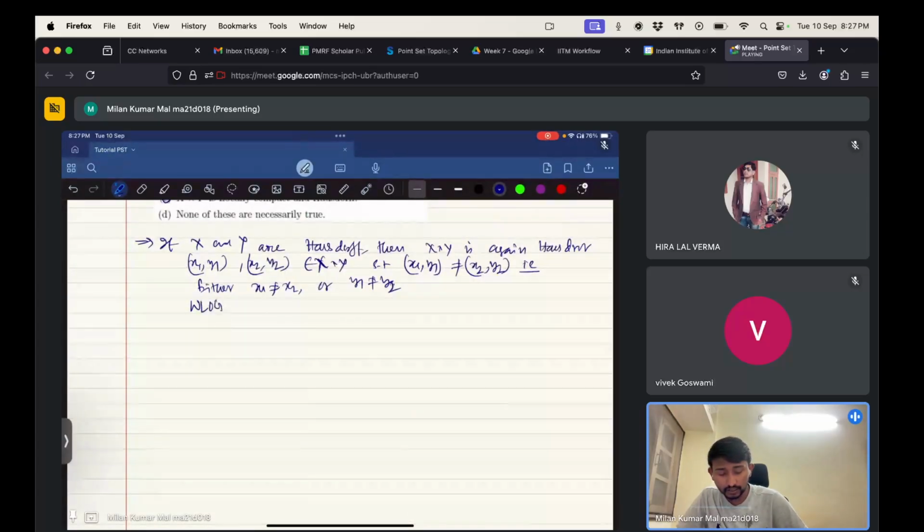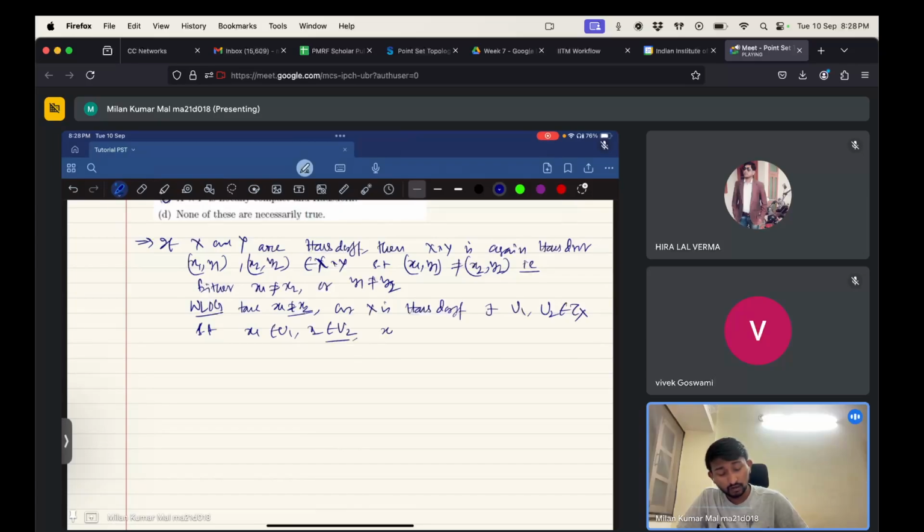Without loss of generality, take x1 not equal to x2. As X is Hausdorff, there exist open sets U1, U2 in tau X such that x1 belongs to U1, x2 belongs to U2, and U1 intersection U2 is empty, that is, disjoint.